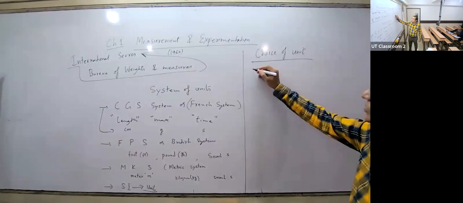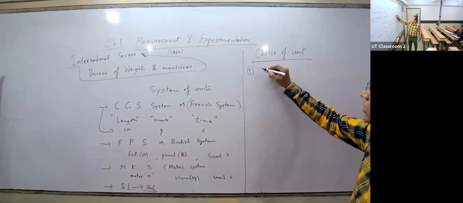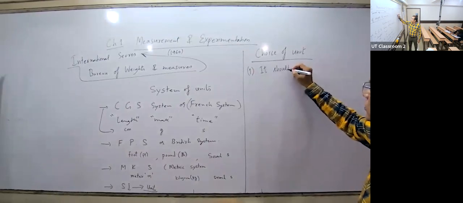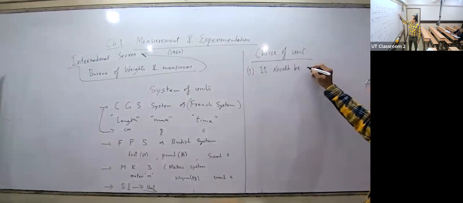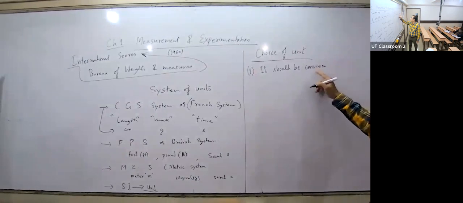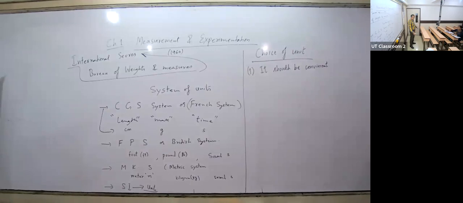So first, it should be convenient. Right? Like a meter scale, it's convenient, or a kg, it's convenient. So that convenience of use, it should be convenient, right?